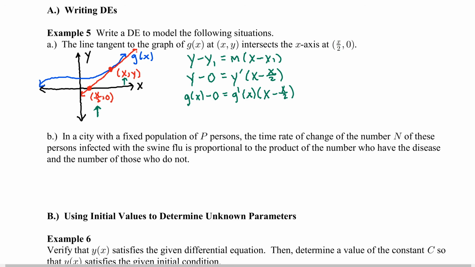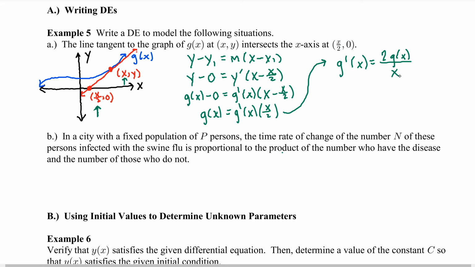You have an equation that contains a derivative. Now in general, we want to go ahead and isolate that derivative. So I'm going to simplify it just a little bit. Over here we have x minus x over 2. That's the same thing as x over 2. And solving for our derivative and flipping our equation around here, we would end up with g prime of x equals 2 g of x over x.